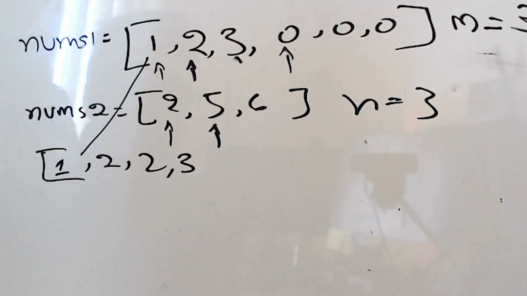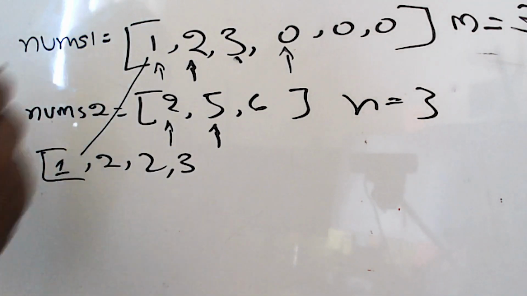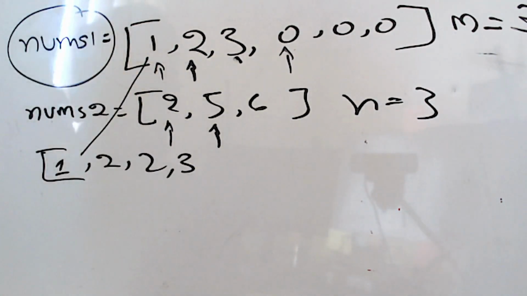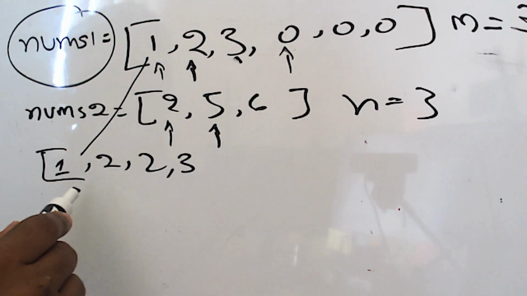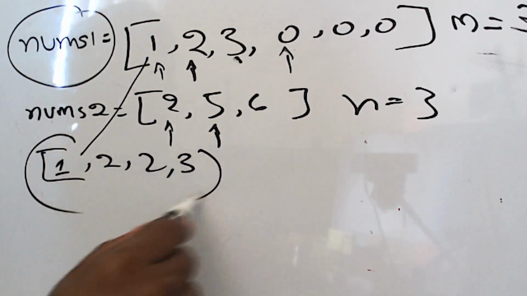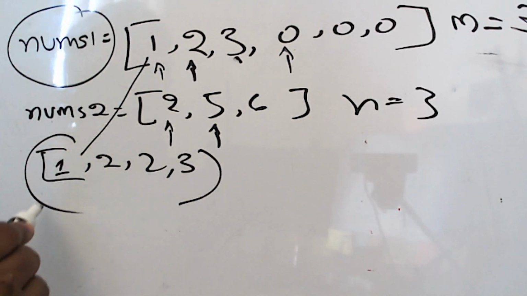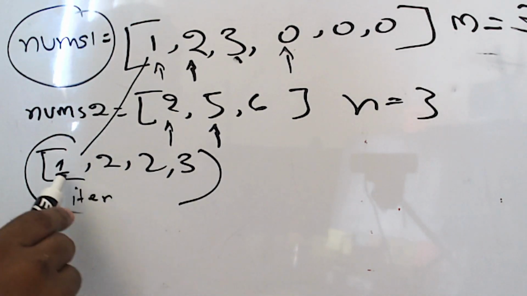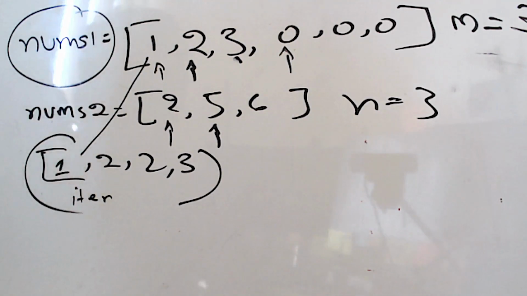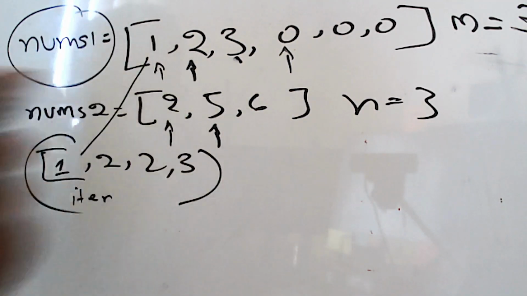But here the problem is it's asking us to sort it in nums1 itself. So one way you can do that is to get this result array and then run another iteration and replace nums1's values with the result array values.